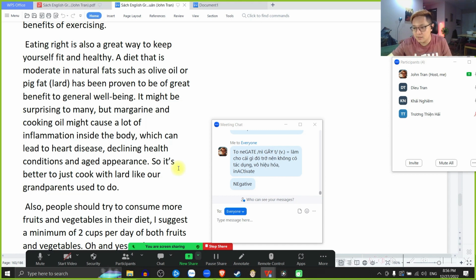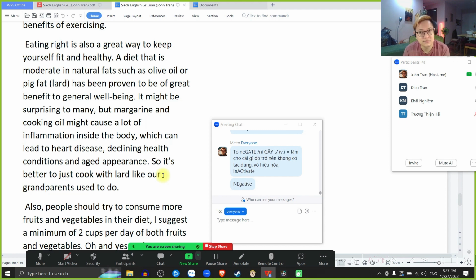Margarine and cooking oil might cause a lot of inflammation inside the body, which can lead to heart disease, declining health condition, and aged appearance.